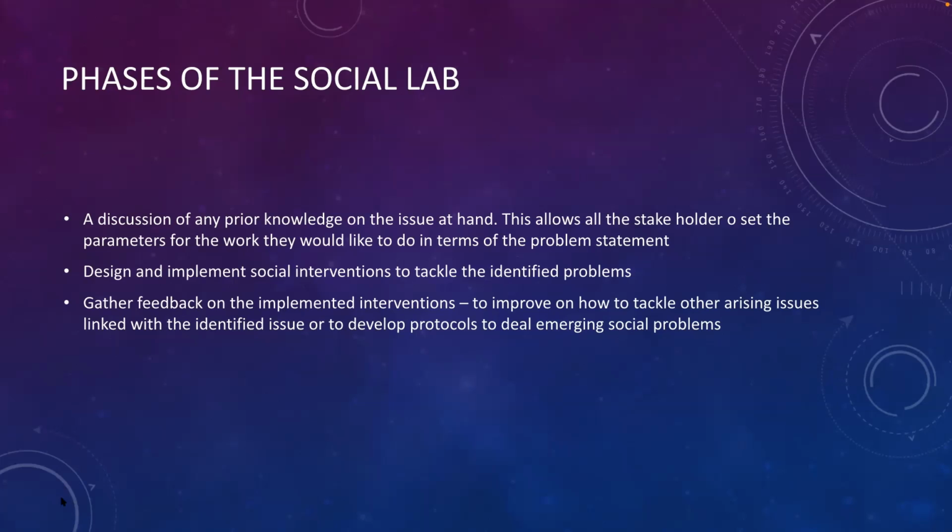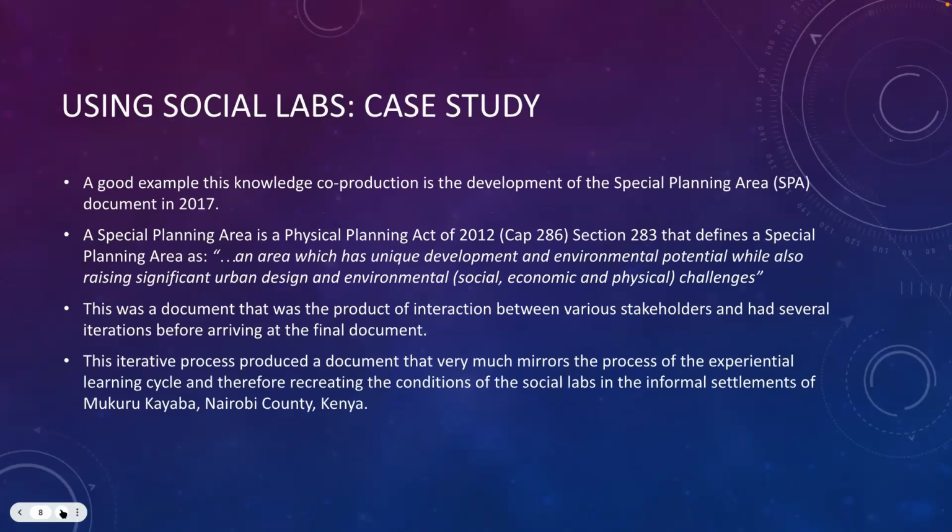So moving on to the next slide, please. I give there an example of a special planning area in one of the informal settlements in Nairobi, which is our capital city.